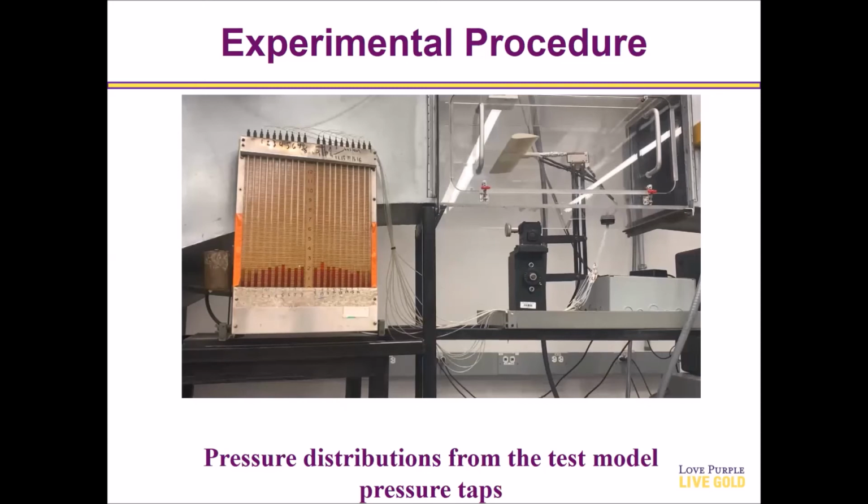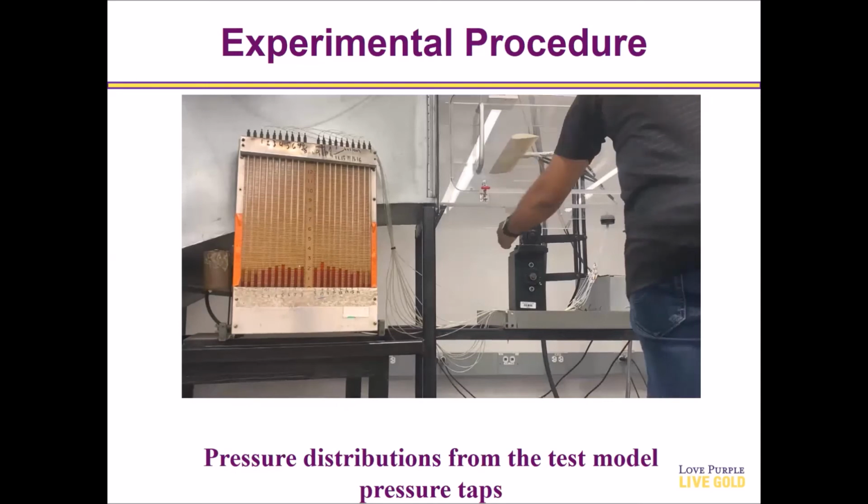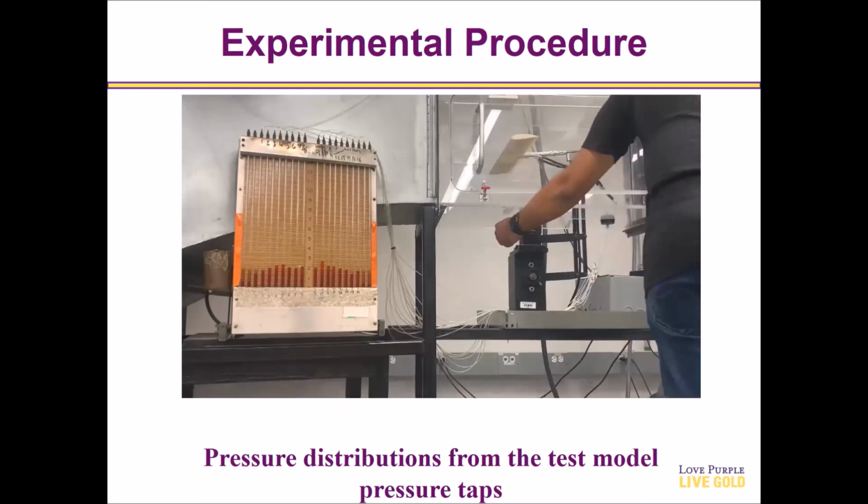We need to perform this experiment from -8 degrees to 20 degrees with 4 degrees of variation. So by adjusting this knob, we will change the position of the airfoil.